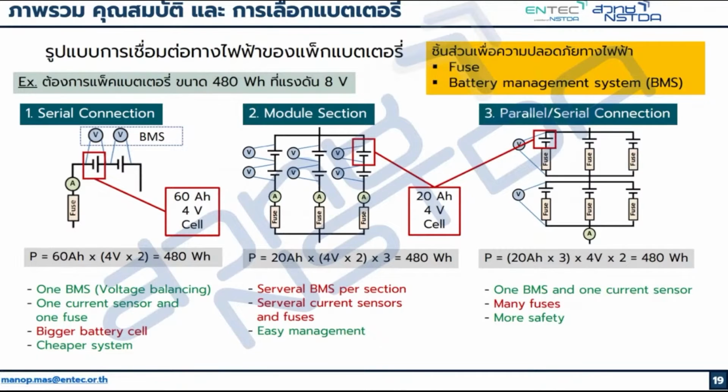The master would waste a lot of BMS, but if we lose one fuse, the proportion will not be lost because the voltage is still enough, but the capacity would be decreased.